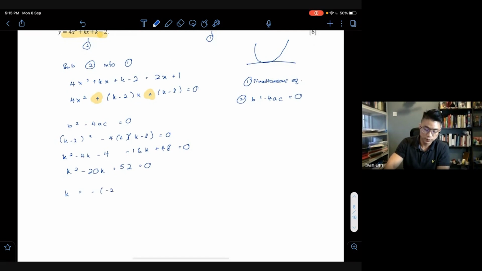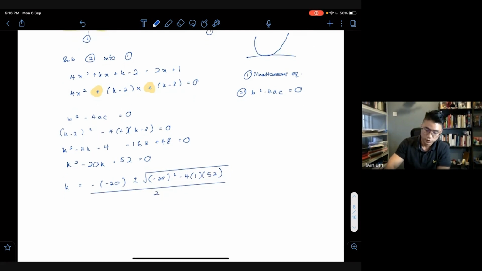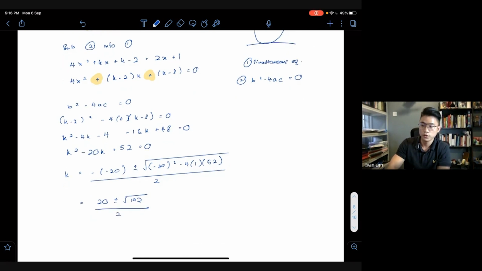Negative b plus minus square root of b squared minus 4ac, over 2a. 2a is 2 times 1, which is 2. You'll get 20 plus minus square root of 192, over 2.